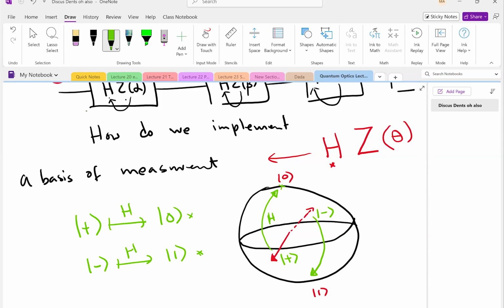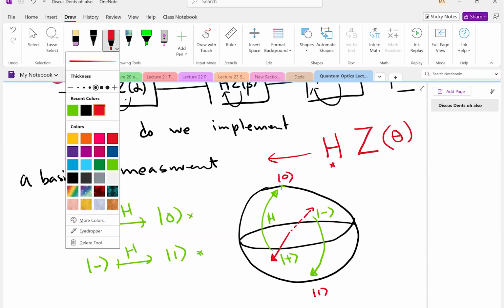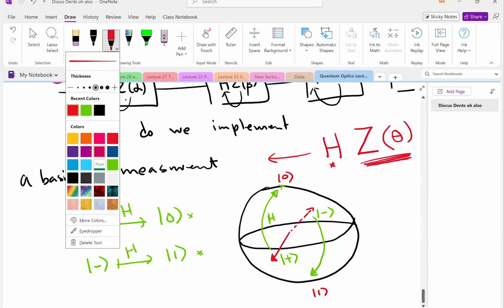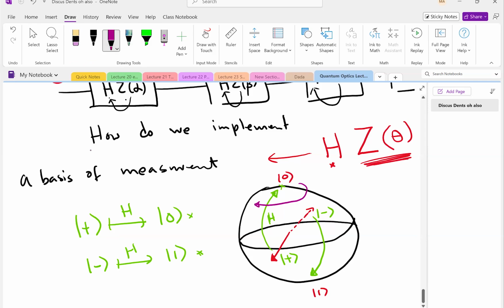And if that Hadamard gate is preceded by a Z gate, it really means that before you do a measurement, the Bloch sphere kind of twists back along the Z axis. So when you do that twisting, this state has shifted along the azimuthal or equatorial plane, and then you follow it by a Hadamard.